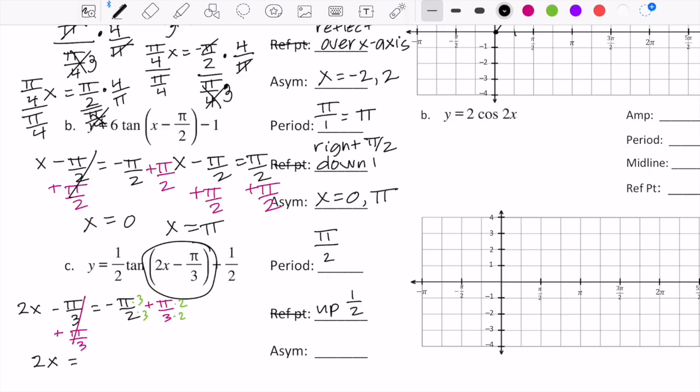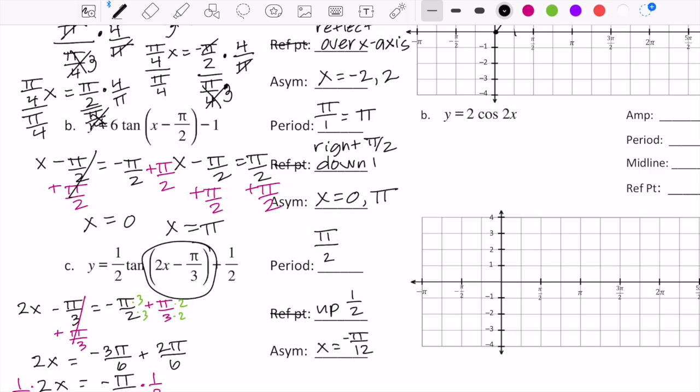So that's going to be negative 3 pi over 6 plus 2 pi over 6. And then when I do negative 3 and positive 2, that just equals negative 1. So negative 1 pi over 6. And then I'm going to multiply both sides by 1/2 instead of dividing by 2, just because it makes the fraction math easier. So that gives me x equals negative pi over 12.